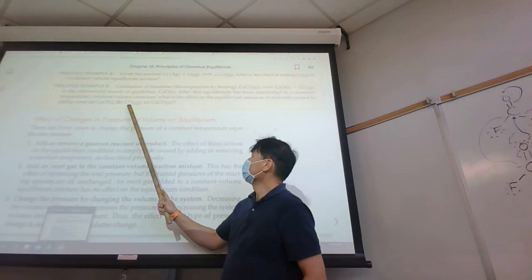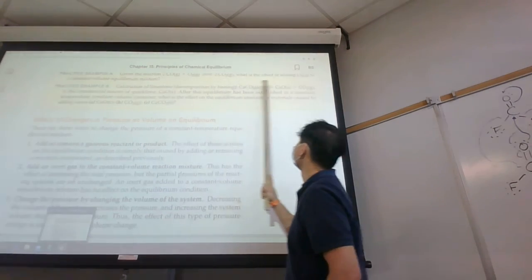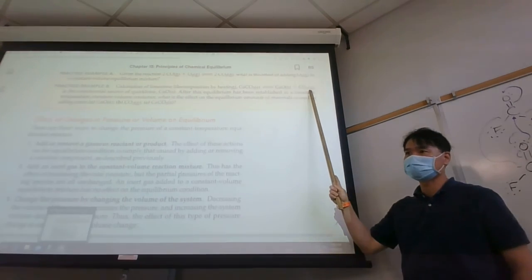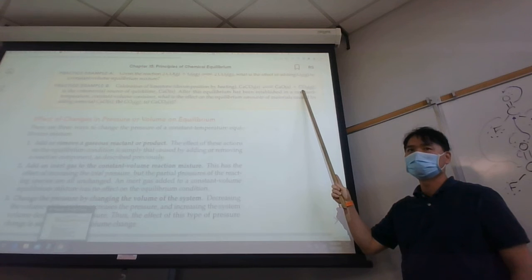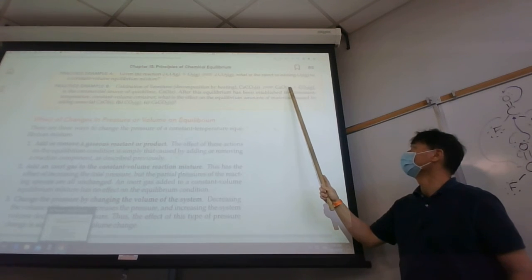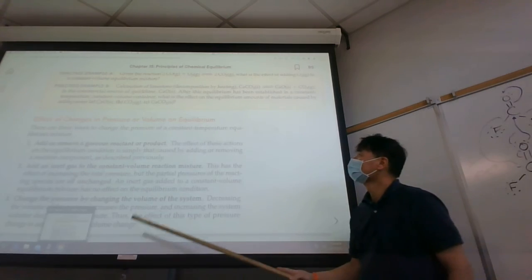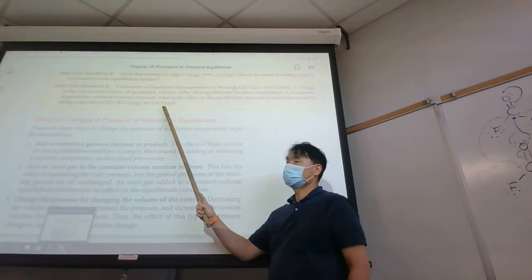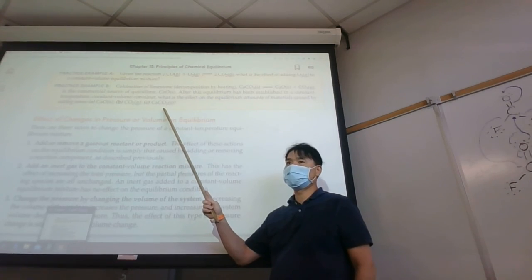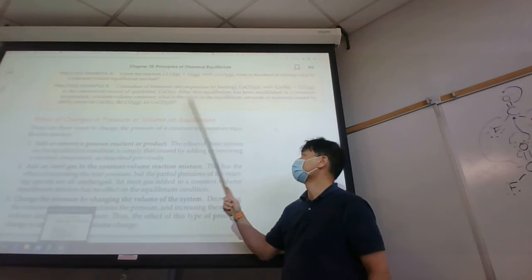If we add more CO2, that's going to change it, because now we're going to have too much product, pressure or concentration, doesn't matter. So if we have more CO2, it's going to force this backwards. If we add more calcium carbonate solid, will that have any impact? No, that won't change anything.